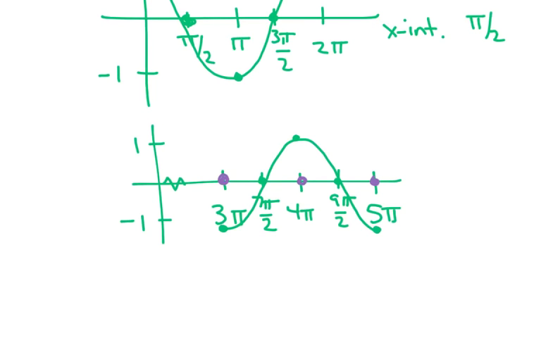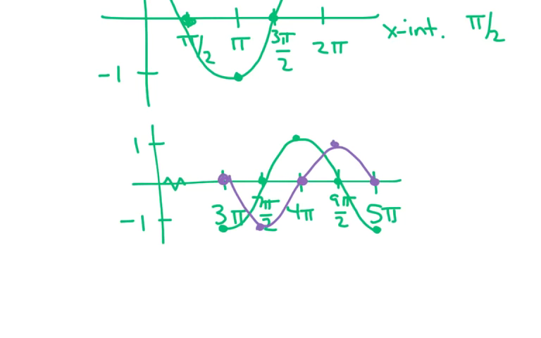Does the graph go up or down when it starts at 3 pi? For the sine graph, if you start at an odd pi, you go down first. You would go down first, and then go to 0, and then go up, and then go to 0. So from 3 pi to 5 pi, the sine curve would look like that.